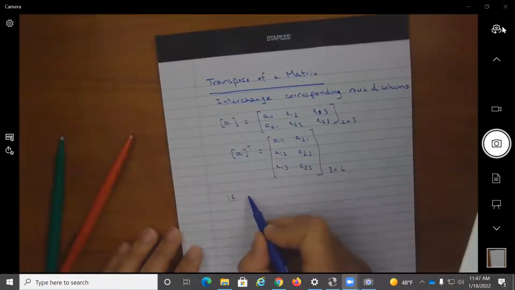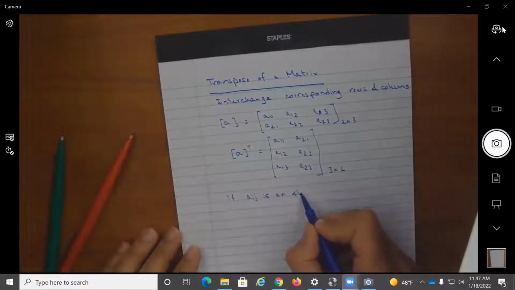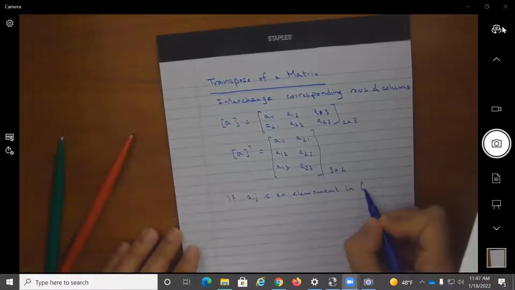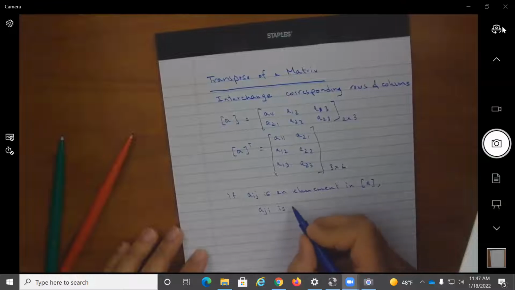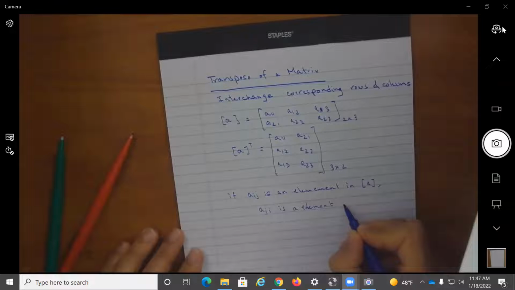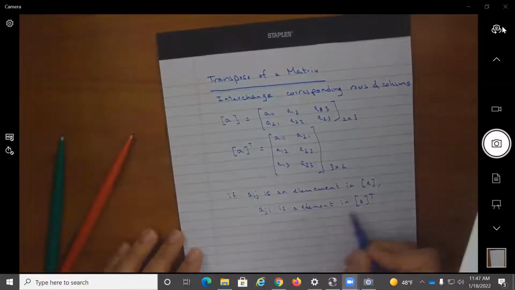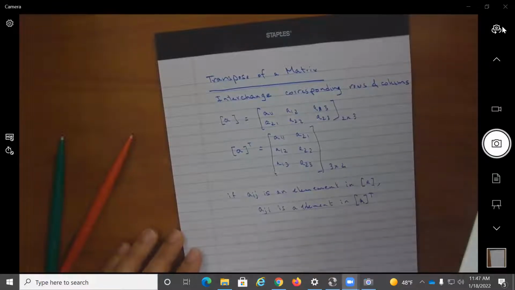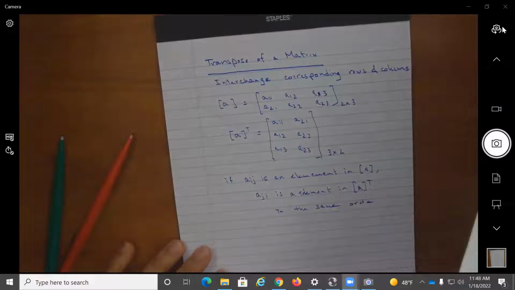So we can say if Aij is an element in A, Aji is an element in A transpose in the same order, where j would be the number of row and i would be the number of column. Clear?